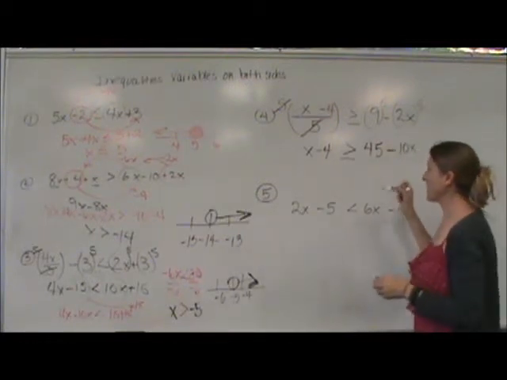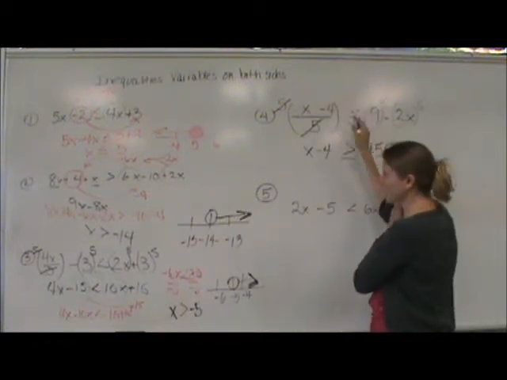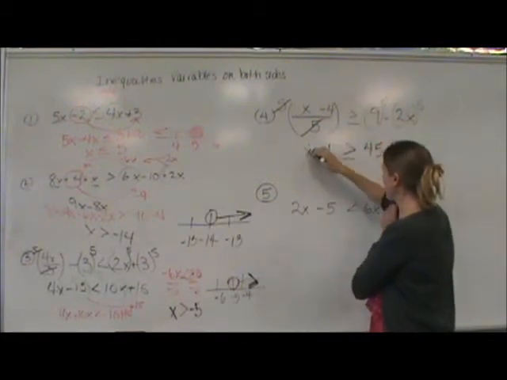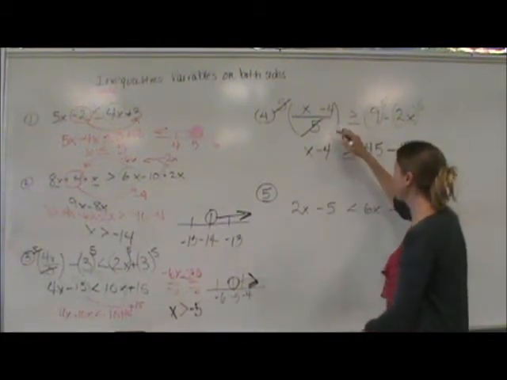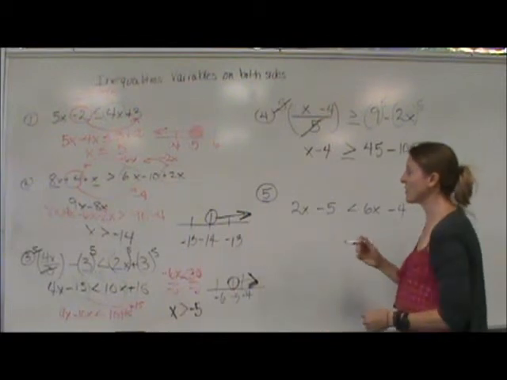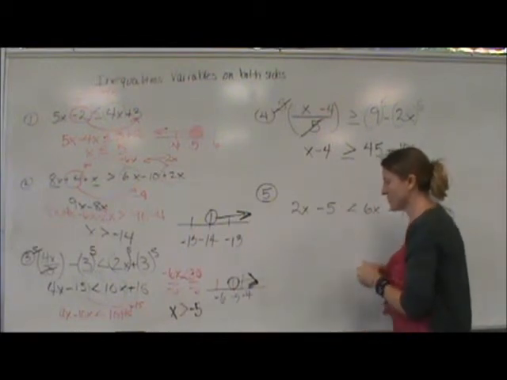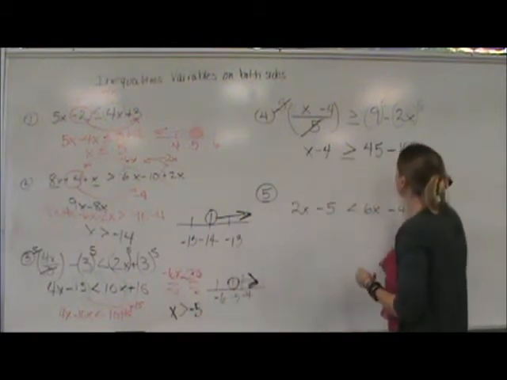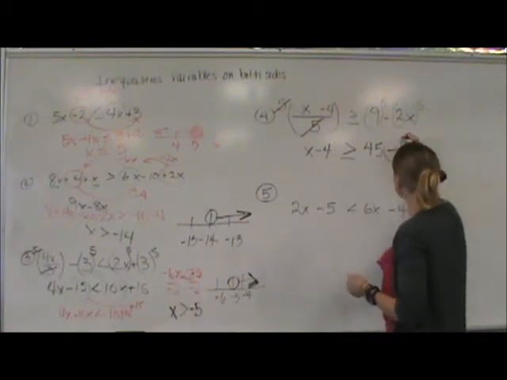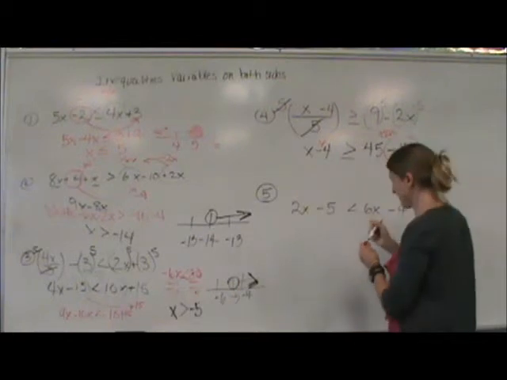I'm going to make sure, again, it's like doing an equation. I have my bridge. I'm going to bring over my x terms, and I'm going to bring over my number terms so that they're all on the same side. So I'm going to move this negative 10 over by plussing it, 10x.